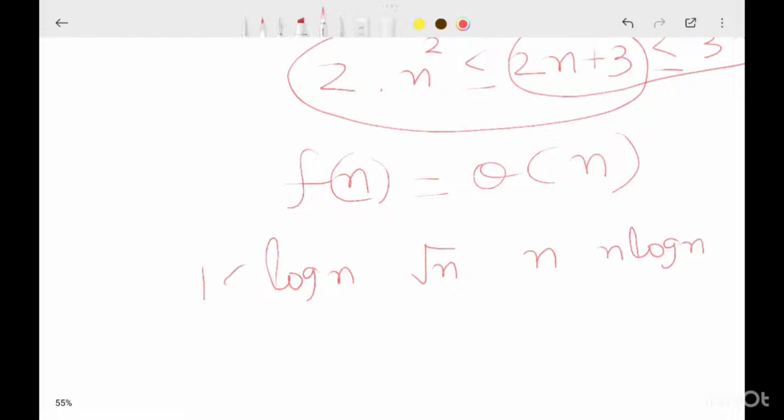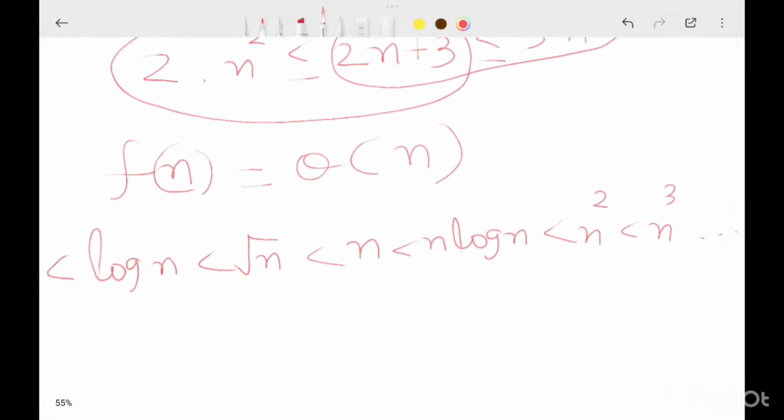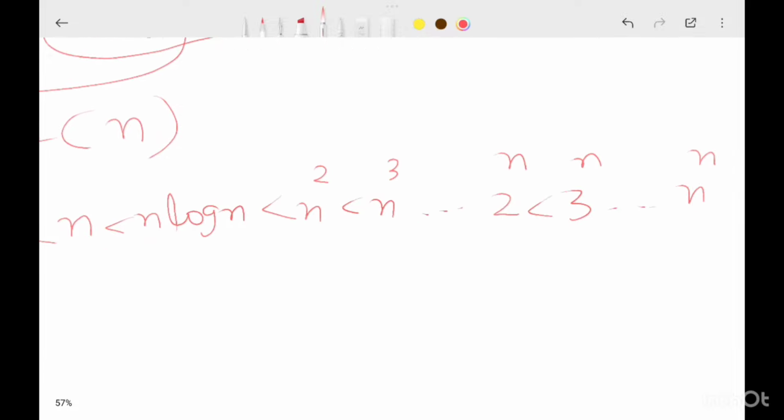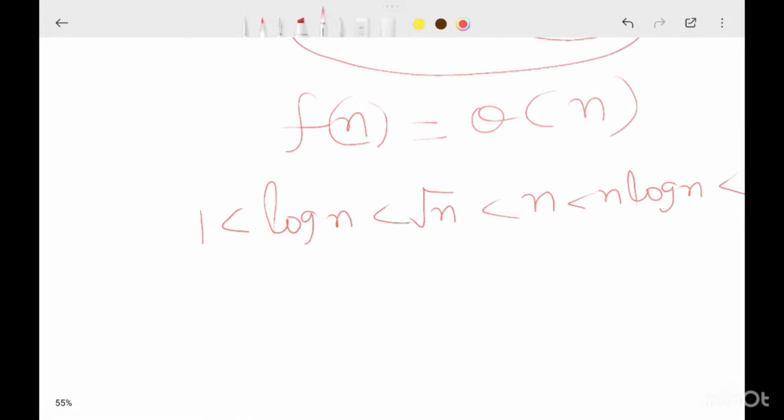So this is less than the upper bound of an algorithm. For example, in our input we find an upper bound for this function f of n square.